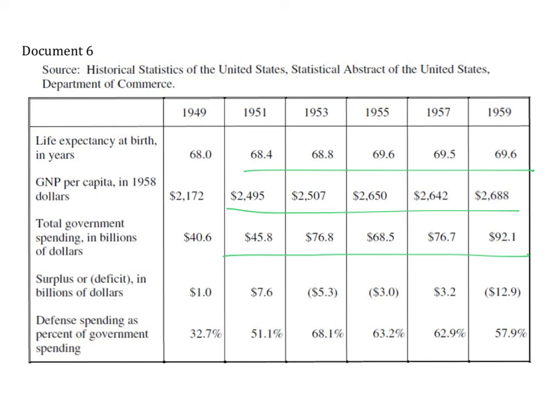And the result is, look at this, we have a budget deficit, a pretty large one by 1959. Also, pay attention to the growth of defense spending. That would be a response of the Eisenhower administration to Cold War fears. And that's how you would use that document in your analysis as you are presenting a persuasive, compelling, sophisticated response to the essay prompt.